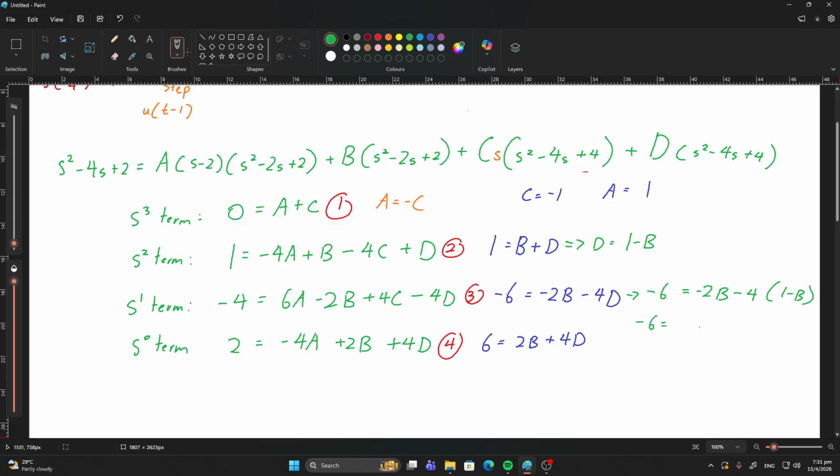Negative 6 equals negative 2b minus 4 plus 4b. So negative 6, bring the 4 over, so negative 2 equals 2b. So b equals negative 1, d equals 2.